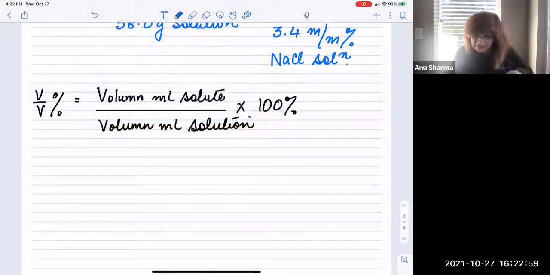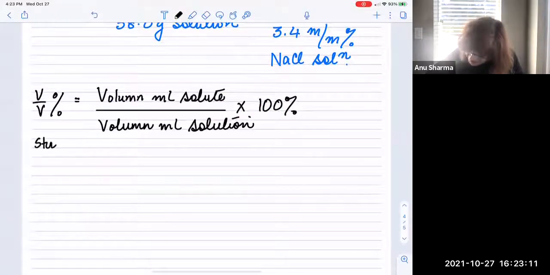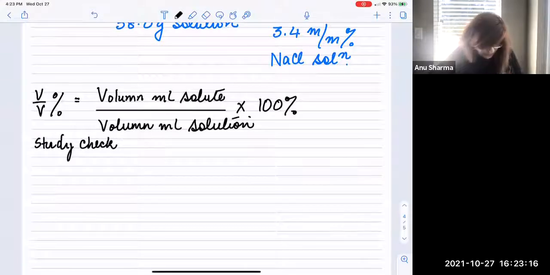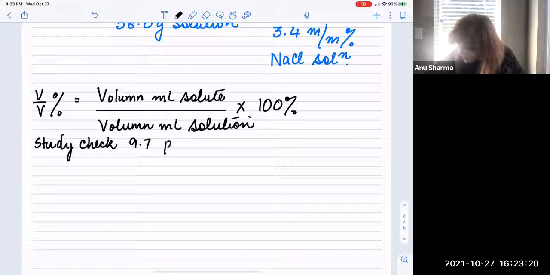So for example, let's look at this. What is the volume by volume percent of bromine in a solution? So we'll just straight away do the study check problems because it is self-explanatory in the study check problems. So here is study check problem 9.7, and that is page 341.